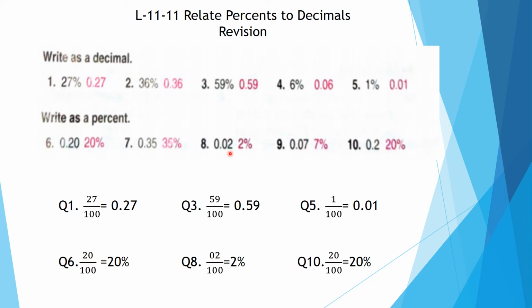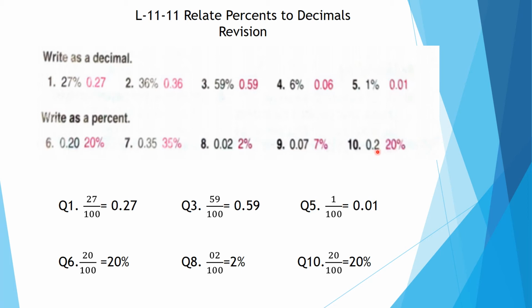Here you can see 0.02. Then you remove the decimal and put 100. That means there is no meaning to the 0 in front. That means 2%. Here you can see question number 10.